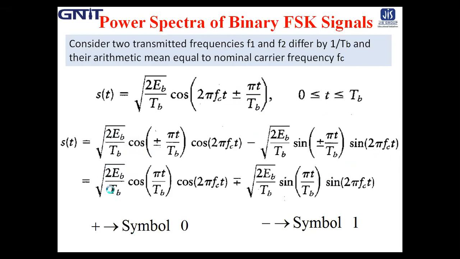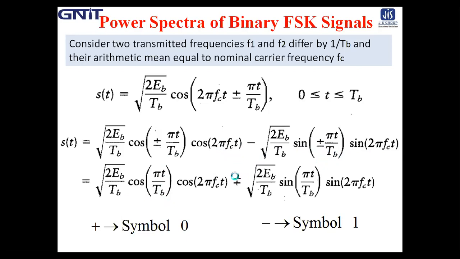So square root of 2 EB by TB cos pi t by TB into cos 2 pi FC t, then sin of plus minus theta. For the case of minus theta, it will be plus, so it is reverse: for the case of plus it is minus, and for the case of minus it is plus.